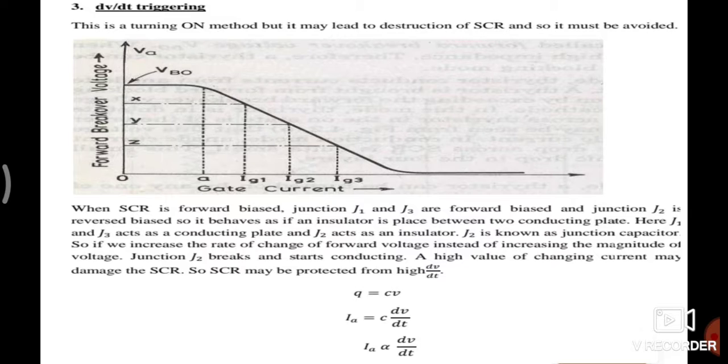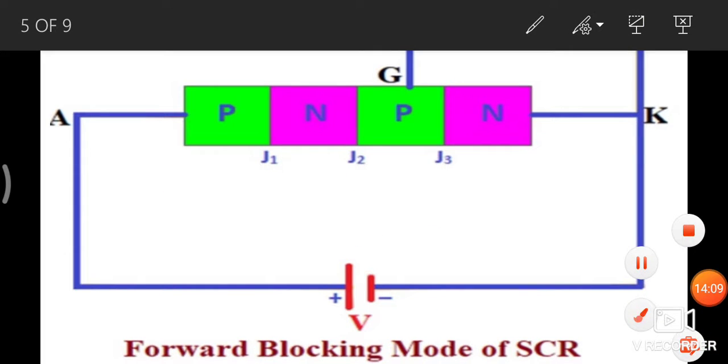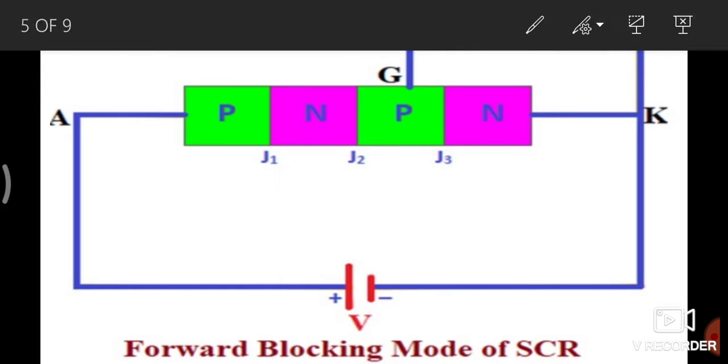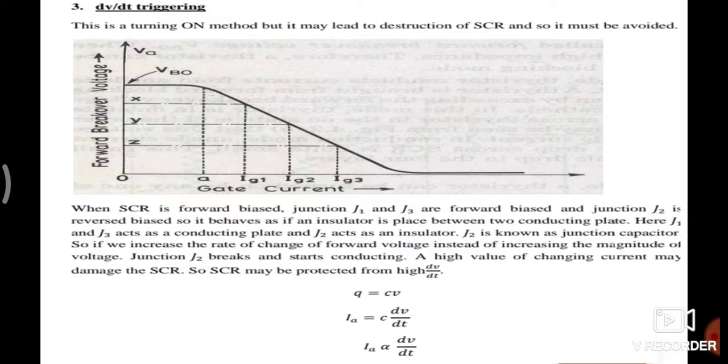Based on this concept we are going to apply this dV by dt technique. In the first method we are just increasing the magnitude of the voltage, step by step, until junction J2 is destroyed. But here we are applying a rate of change of voltage.